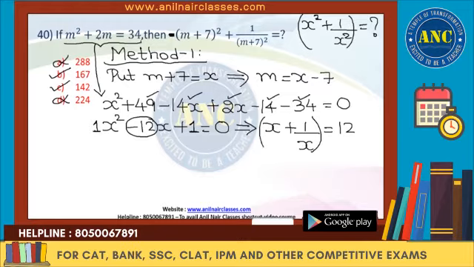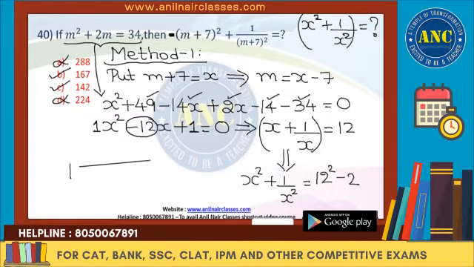We know the value of x plus 1 by x, but in the question they are not asking you the x plus 1 by x value, they are asking you the x square plus 1 by x square value. So x square plus 1 by x square is 12 square minus 2. It is 144 minus 2. The answer for this question is 144 minus 2, which is nothing but 142.